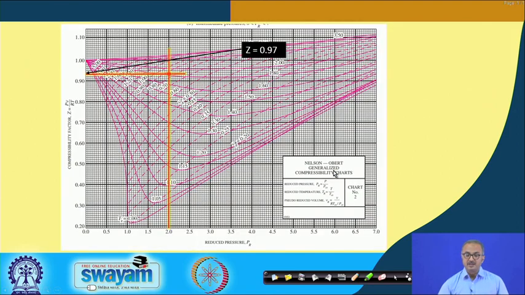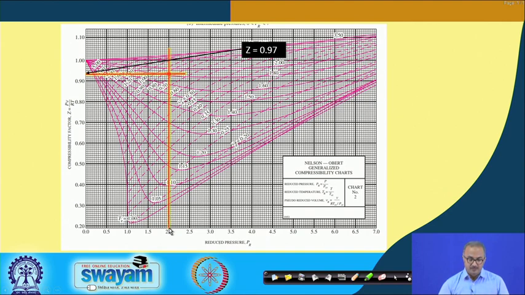Now, with the help of this compressibility chart, on the y axis the value of Z is given, on the x axis the reduced pressure is plotted, and the various curves correspond to various reduced temperatures.